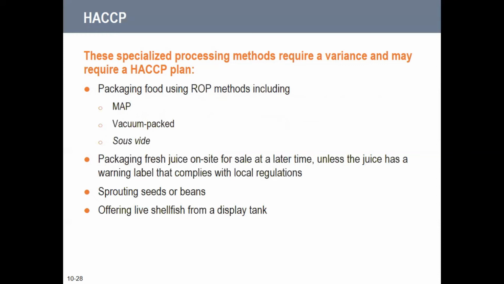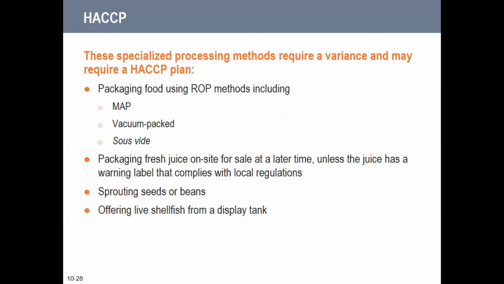Some other ones that come into there, we talked about if you're using reduced oxygen packaging, even sous vide. Now it depends on the time that it takes, how long you're going for the sous vide, and is it something regular? Is it something special?